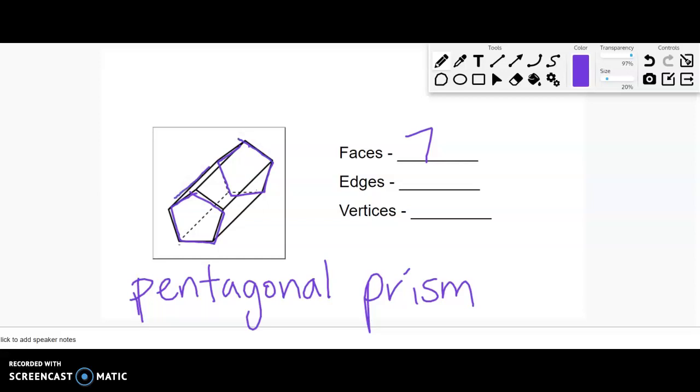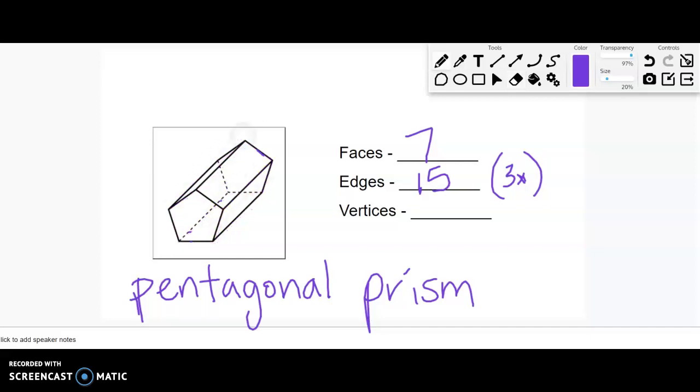So I have 11, 12, 13, 14, 15. On a prism, it's always going to be 3 times however many sides my base has. So it's a pentagon, which is 5 times 3 is 15 edges. I don't expect you to memorize that, but just so you know, there is a pattern to it.